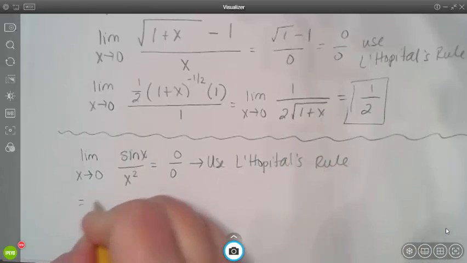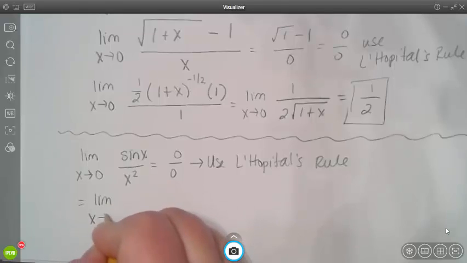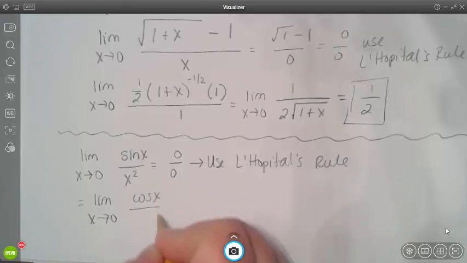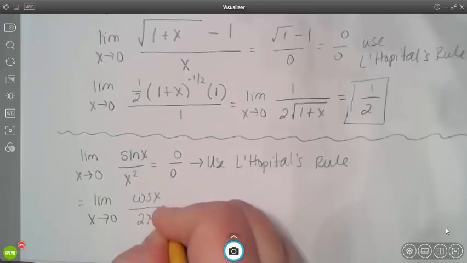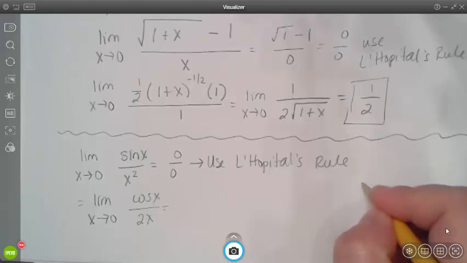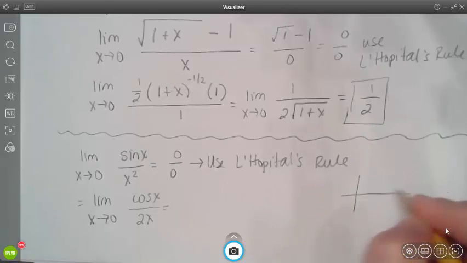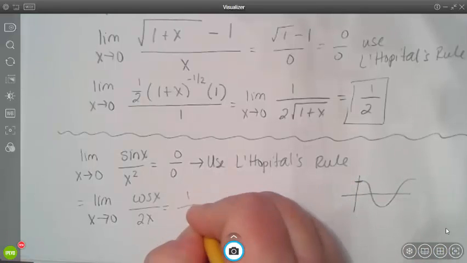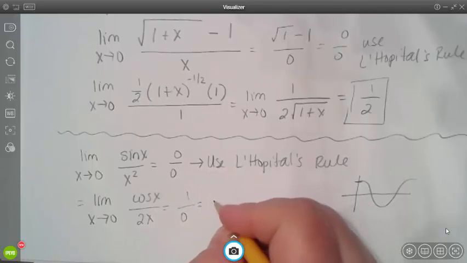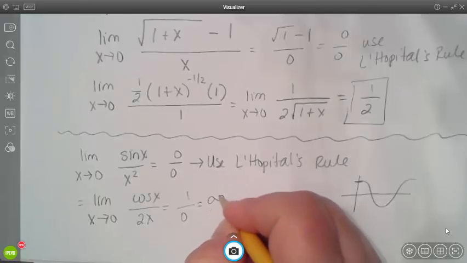So this is equal to the limit as x approaches 0 of the derivative of sine, which is cosine x, over the derivative of x squared, which is 2x. And so now I get cosine of 0. For those of you that don't always remember those, if you think about the graph of the cosine, cosine of 0 is 1, so it's 1 over 0, which gives us infinity.